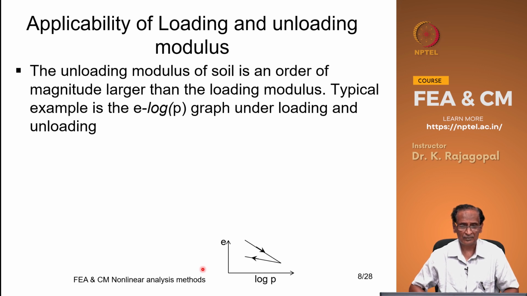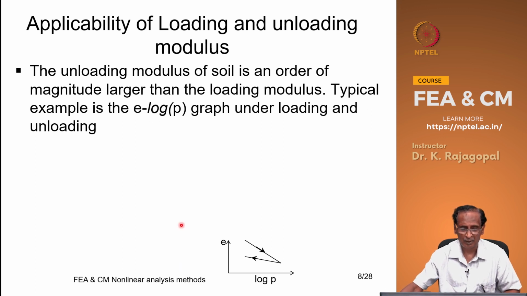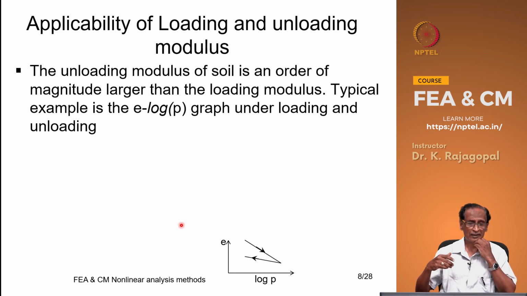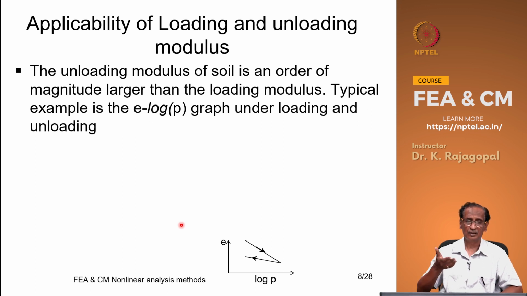And so far we have been seeing about the loading modulus or unloading modulus and so on, and this particular response is very clear from our consolidation test. During the consolidation test, we know that as you are increasing the pressure, the soil will undergo a lot of volume changes, so your void ratio will go on changing. But if you remove the loading, you are not going to get back your initial void ratio.